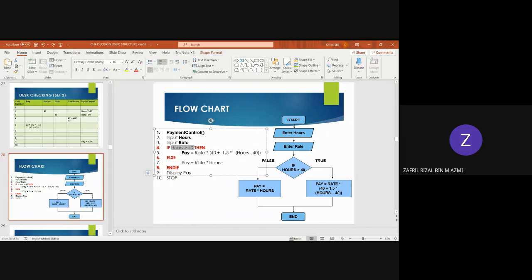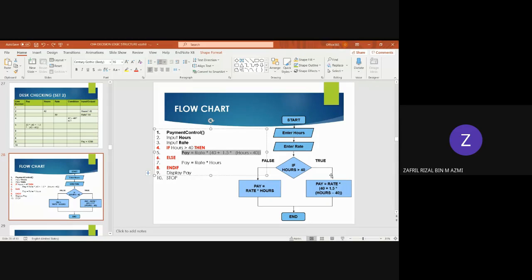One, kan. So this one belongs to else. Okay. So what is else? Else is the false part of the condition. This one is for the false. This one is for the true, kan. Hopefully you can see this, right?